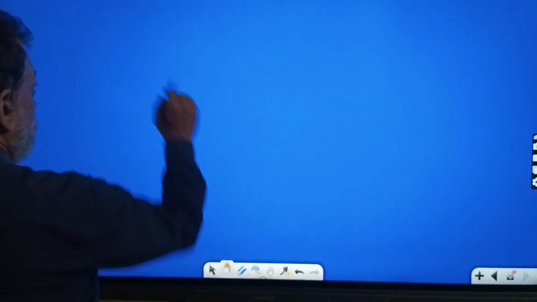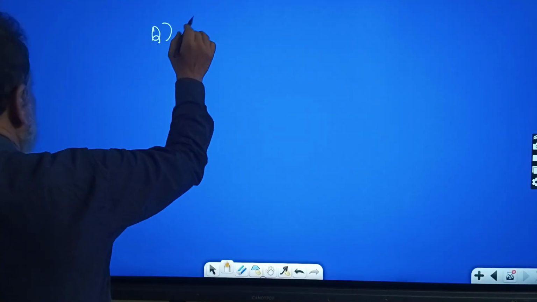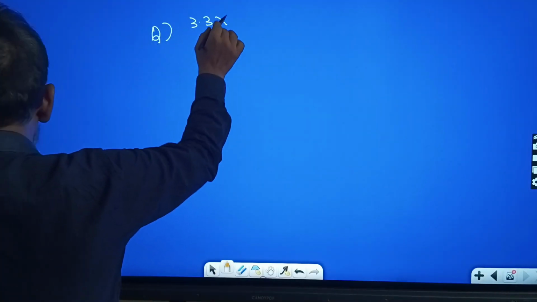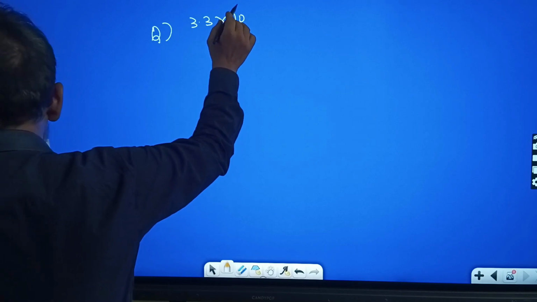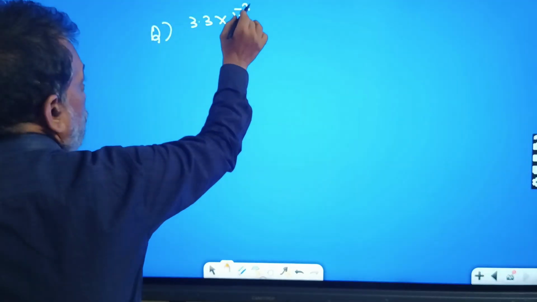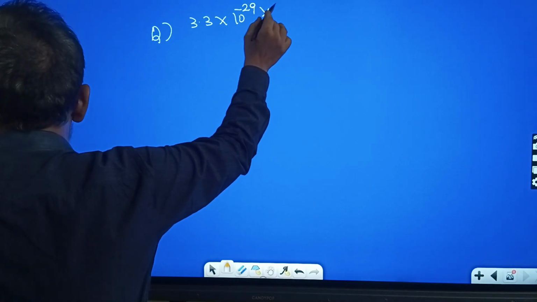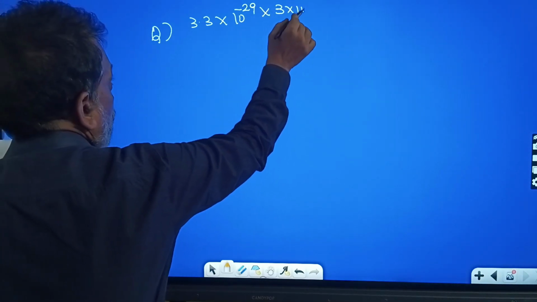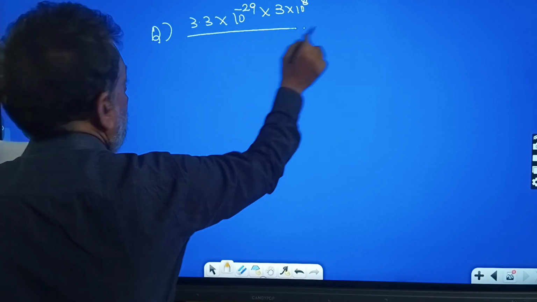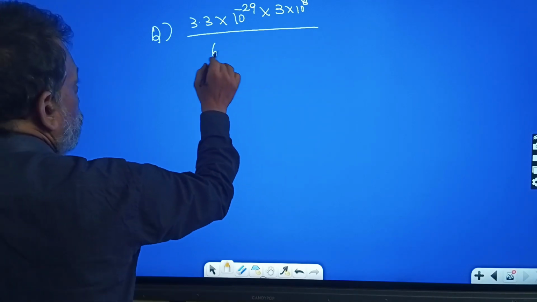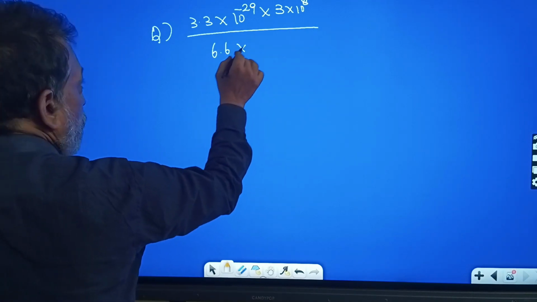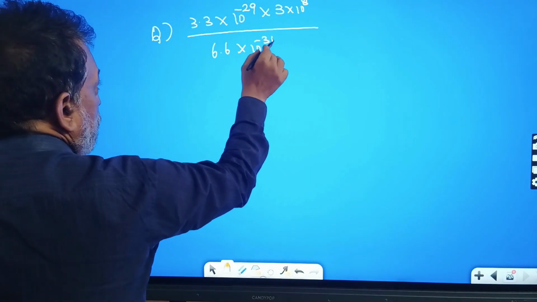Now, this is the calculation: 3.3 into 10 to the power of minus 29, into 3 into 10 to the power of 8, divided by 6.6 into 10 to the power of minus 34. Tell the value.